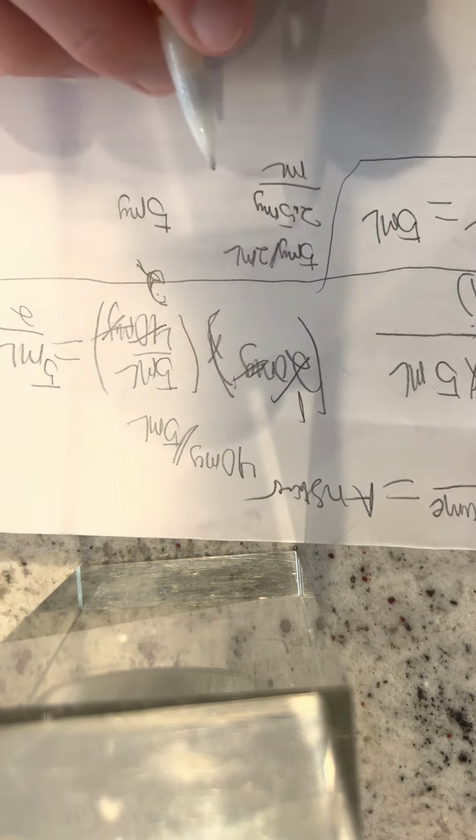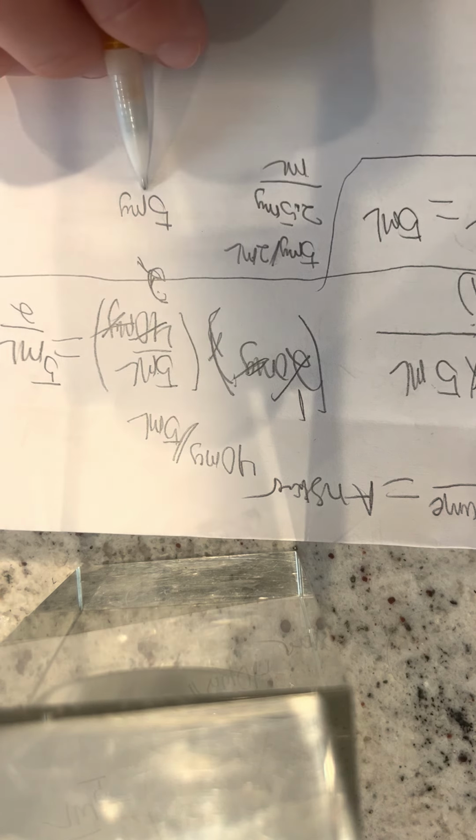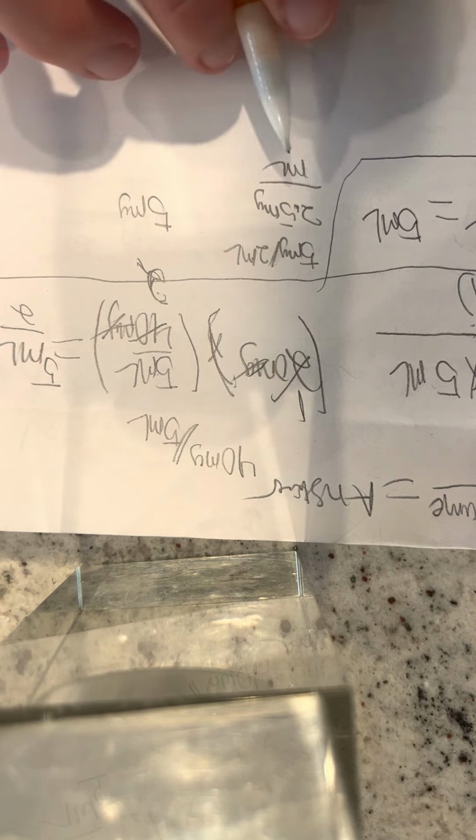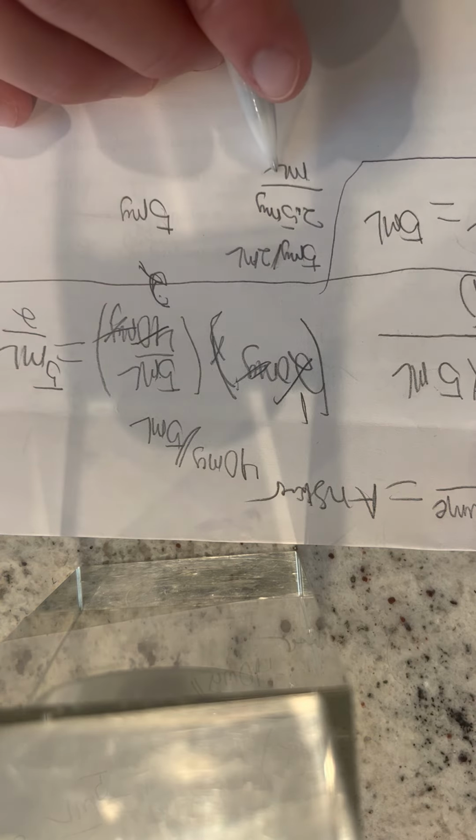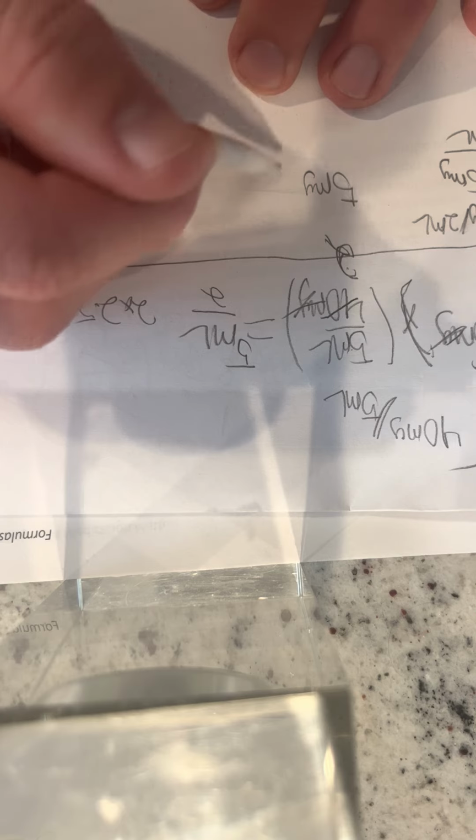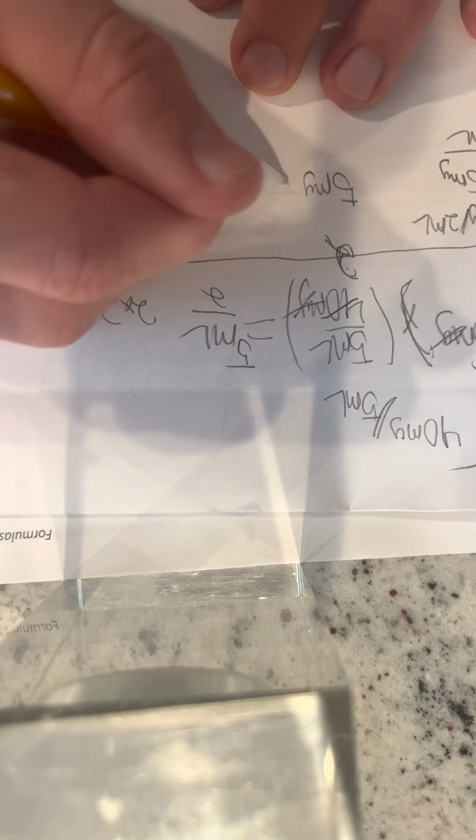But what I have here is the 5 milligrams, and I have this solution or concentration. But what I can do here is, how am I going to cancel this out?